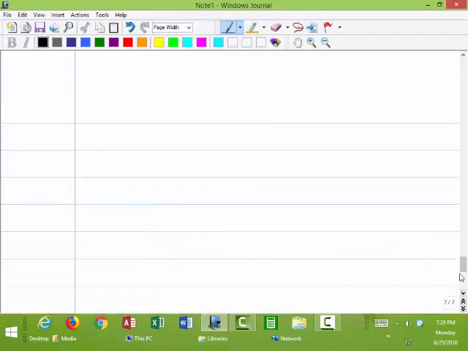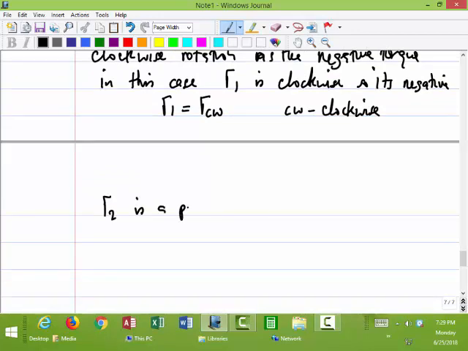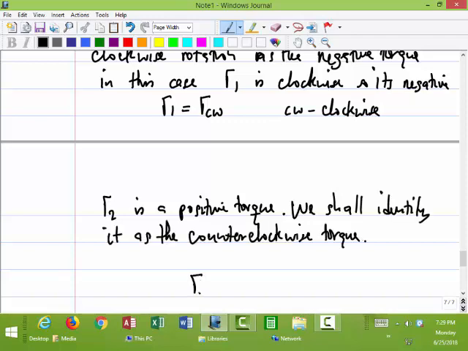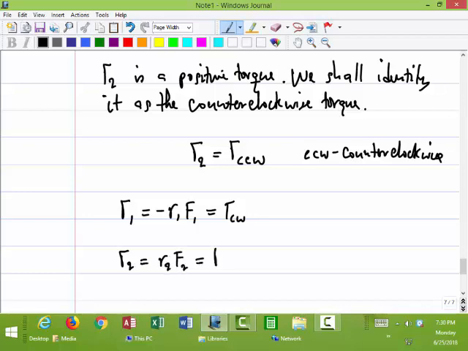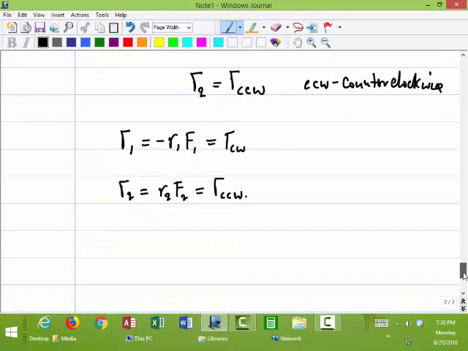And then we shall say torque 2 is a positive torque, and we shall identify that as the counterclockwise torque. So we can say that torque 1, which is equal to minus R1 F1, is the clockwise torque, and torque 2, which is equal to R2 F2, is counterclockwise. Okay, so those are the conventions we shall use. The clockwise torque is negative and counterclockwise torque is positive.